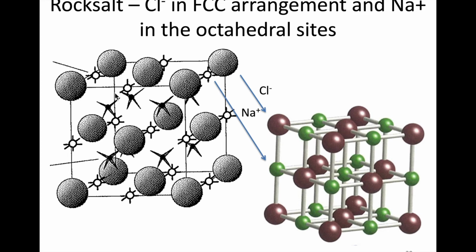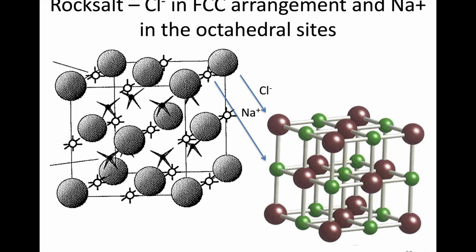In this case, the chloride forms in the FCC arrangement, and then we have sodiums in the octahedral sites, in all of the octahedral sites. If you look at these 6-pronged things, everywhere you see one of those, that's where we're putting one of those. So if you draw that out, you see that this is the same as filling up all the octahedral sites in this case.